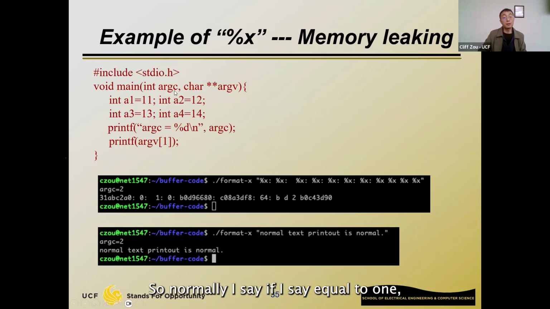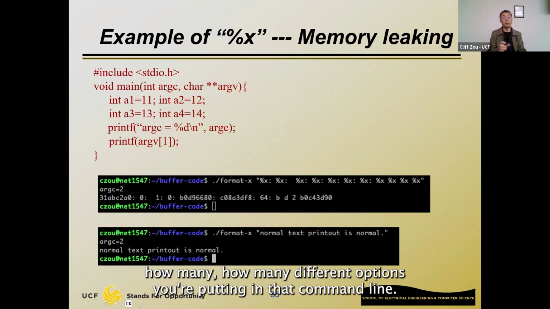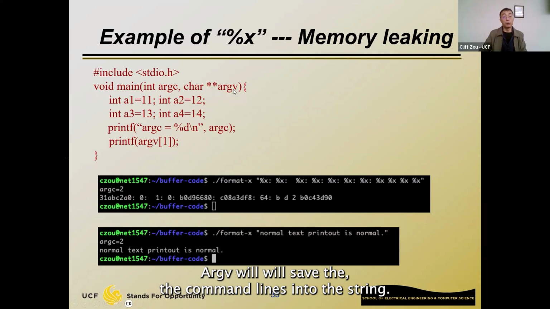So normally, if argc equals 1, that means you ran the program without any supplied option. If you supply multiple options, then this number will tell you how many different options you put in that command line. argv will save the command line's input strings.